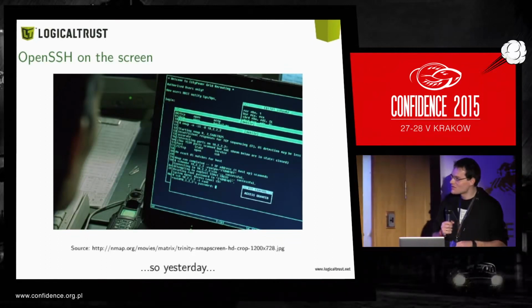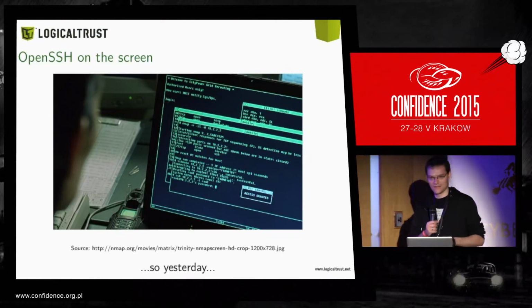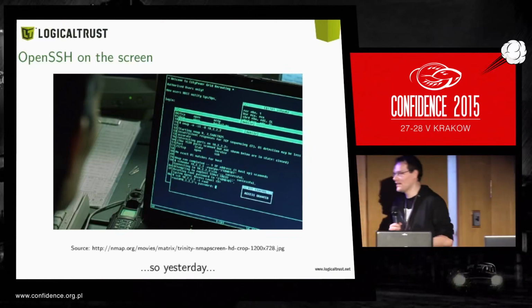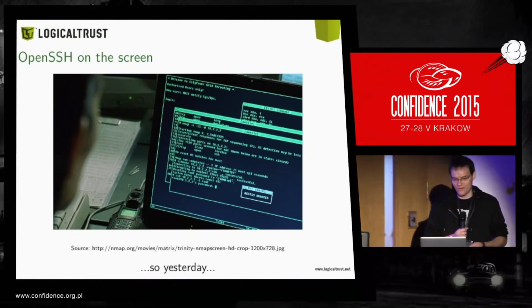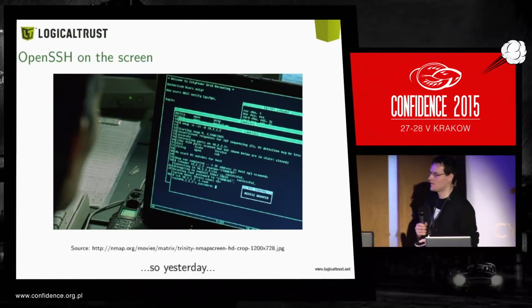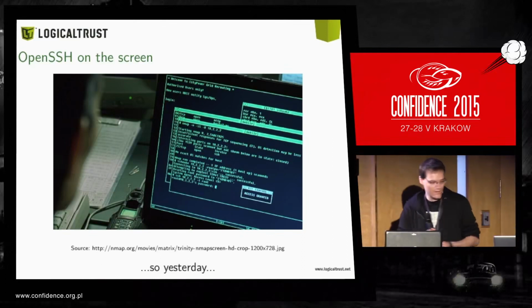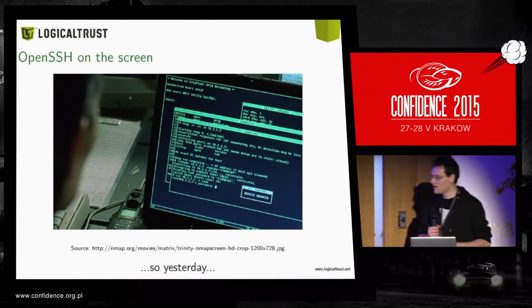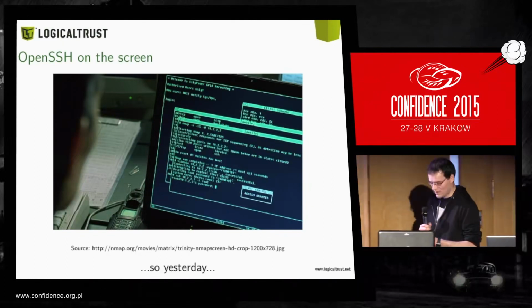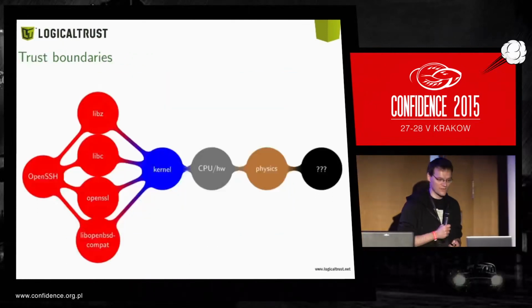And actually, she used a bug in OpenSSH. So can we trust OpenSSH? Well, it was more than a decade ago, so let's see how things look today. And by the way, I guess that this bug was found by a very well known American researcher.